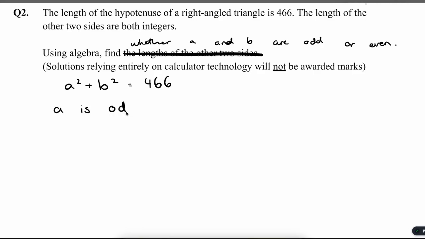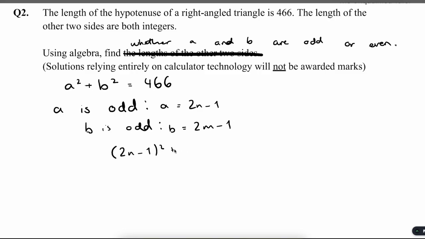So let's first assume a is odd and b is odd. So we're going to say a equals 2n minus 1, b equals 2m minus 1. So (2n − 1)² + (2m − 1)² is equal to 466.